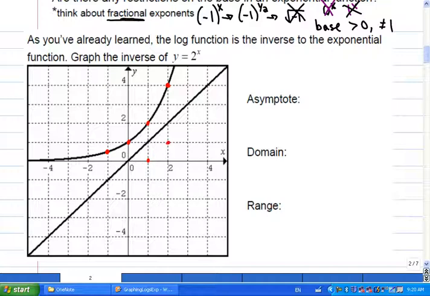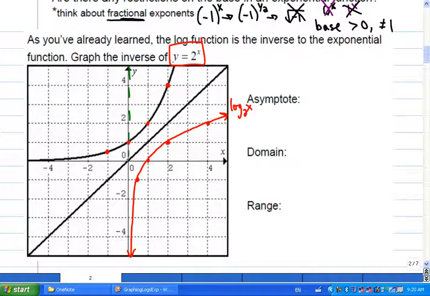If I take their reflection, it's going to look just about like this. Okay. So this is the exponential. So this would be the log base 2 of x. Okay. So now what we'll talk about is, what are these key features on the log graph?